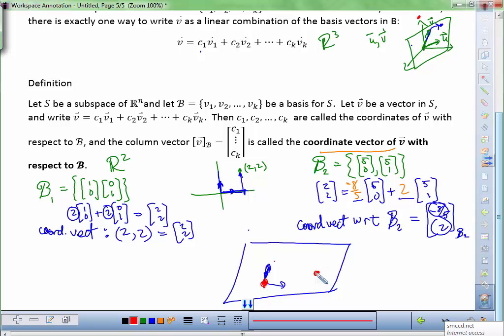Now, how are you going to get to this point? Instead of expressing this point as something in R3, since you live in a two-dimensional plane, you only want the two vectors that will get you there.